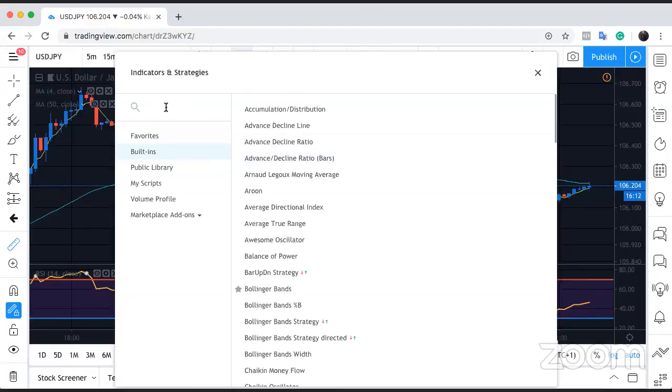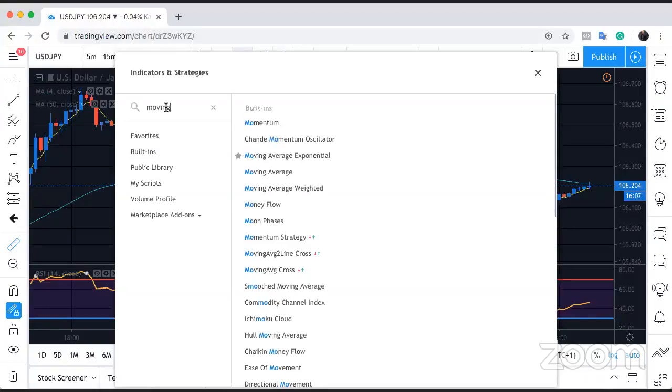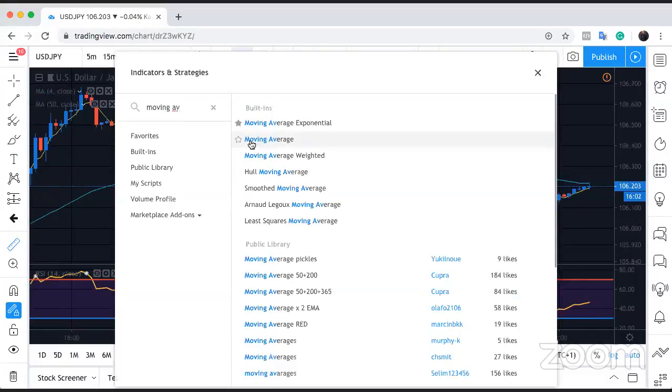Come to the search panel here and type moving average. You can also click on it to bookmark it or add it to your favorites, and add it to your chart.